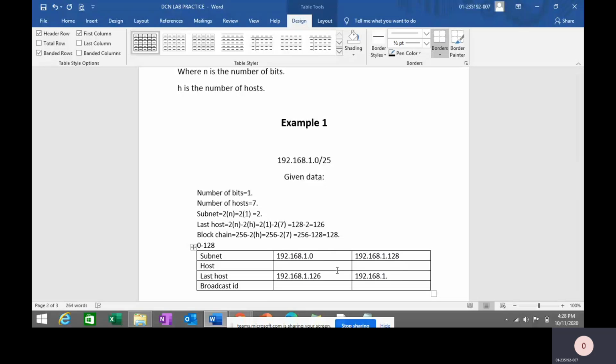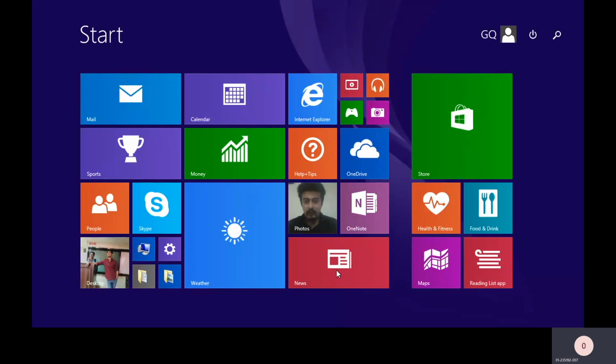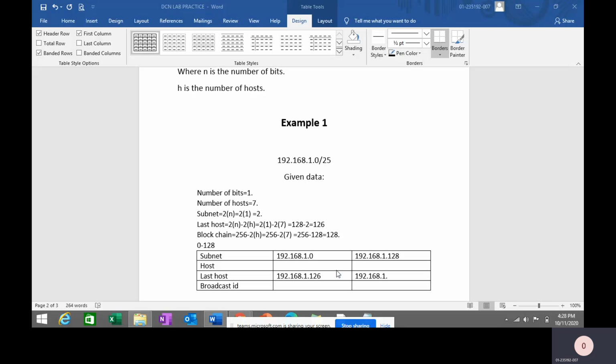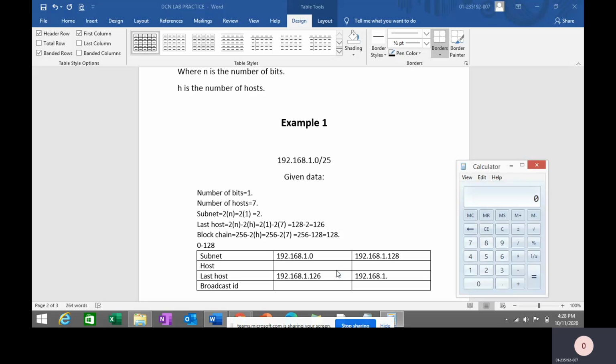Let me calculate what value we have. 126 plus 128 is 254.